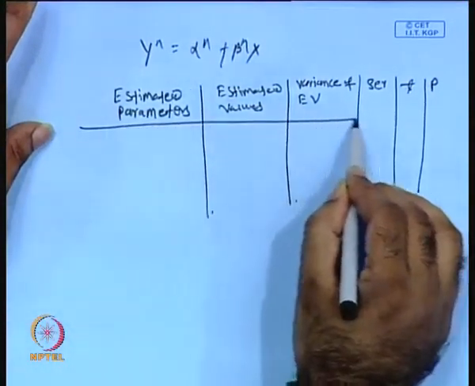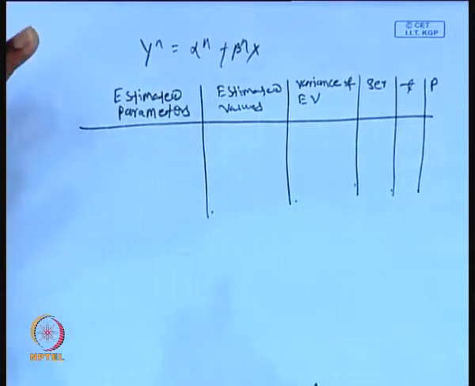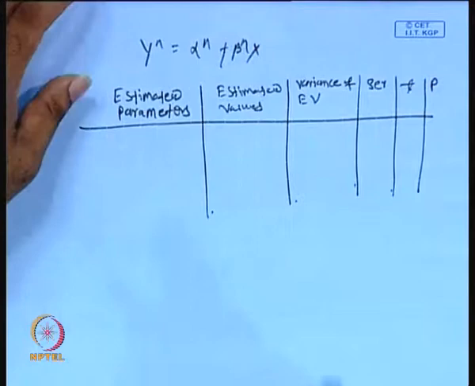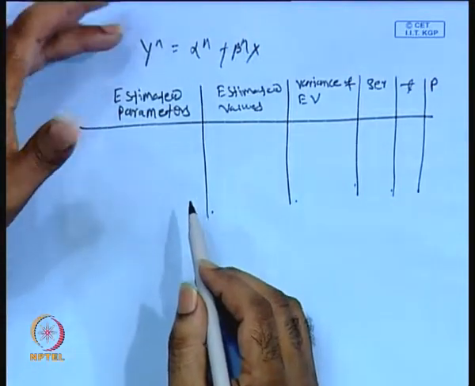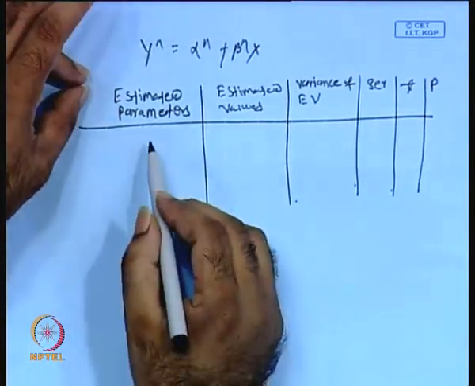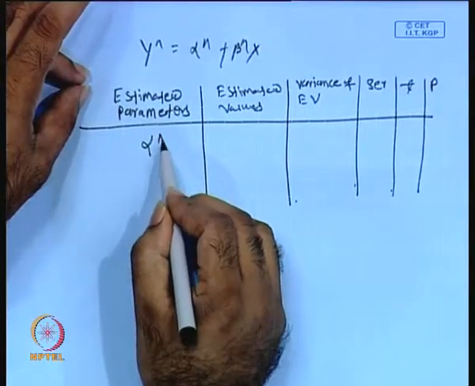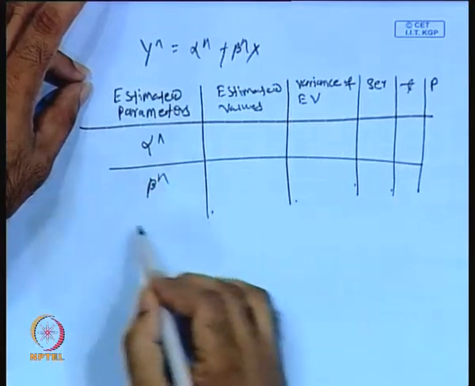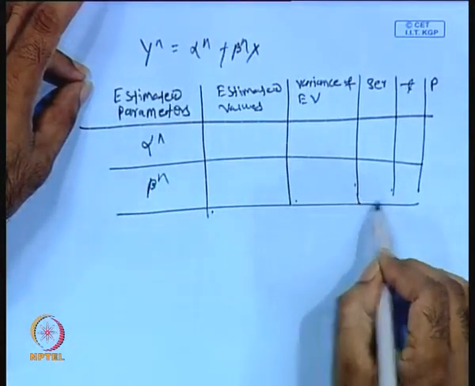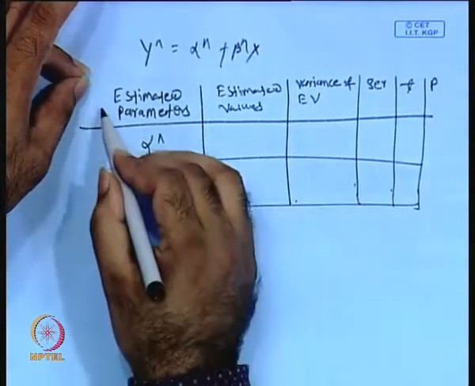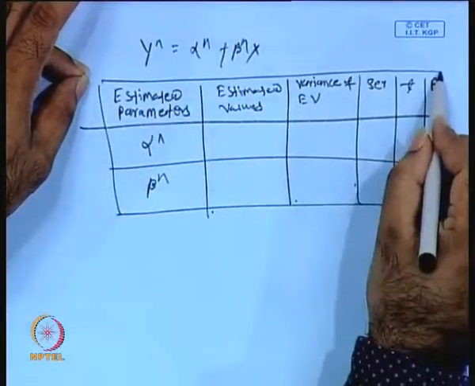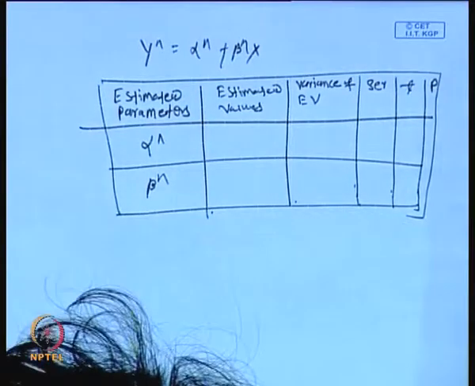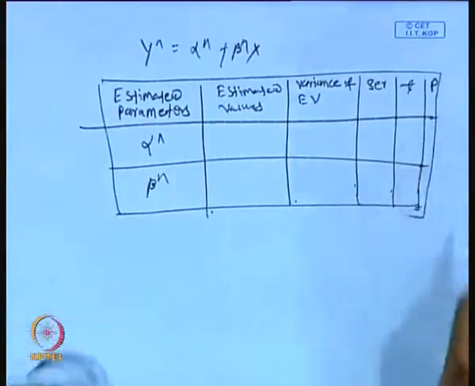These are the structure of the significance of the parameters, with respect to the first objective. The estimated parameters for this bivariate setup are the first parameter alpha hat and the second parameter beta hat. This is how we have to design the entire table.